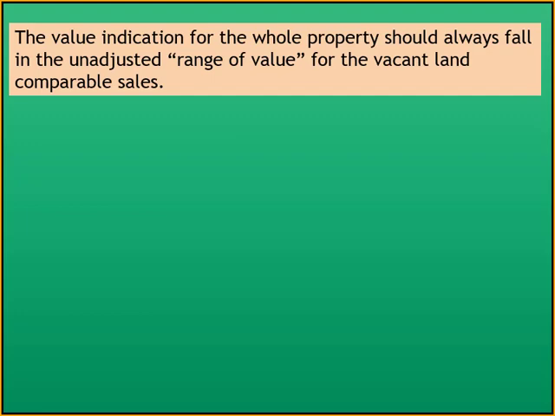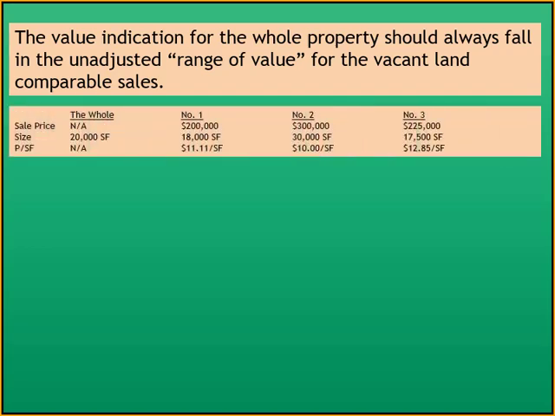The value indication for the whole property should always fall in the unadjusted range of value for the vacant land comparable sales. Here's a short grid. The whole has 20,000 square feet. Sale 1 at 18,000 square feet sold at $11.11 a square foot.